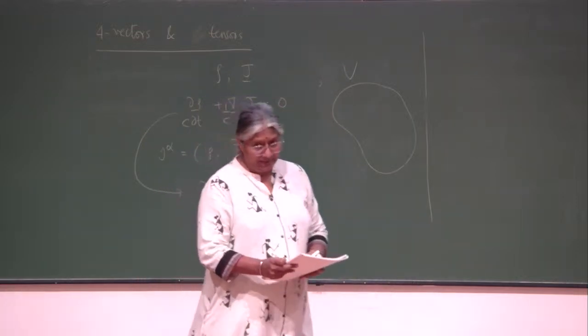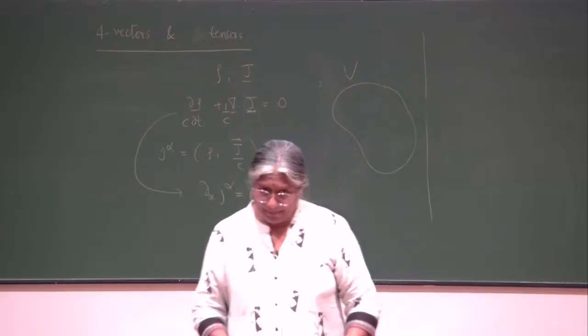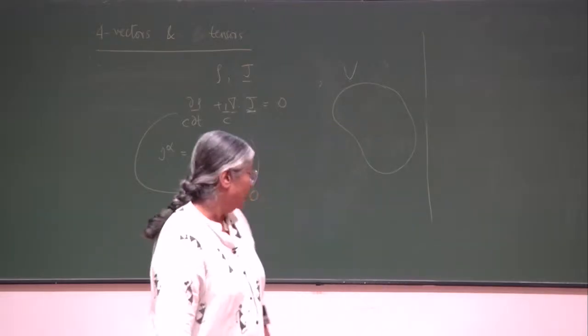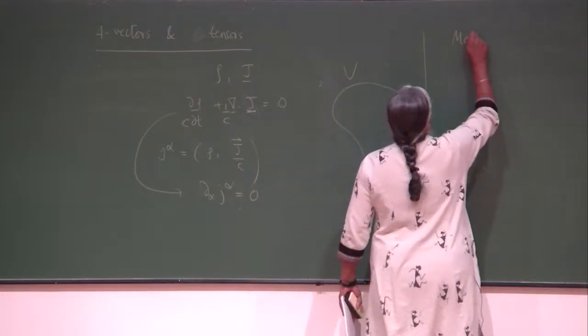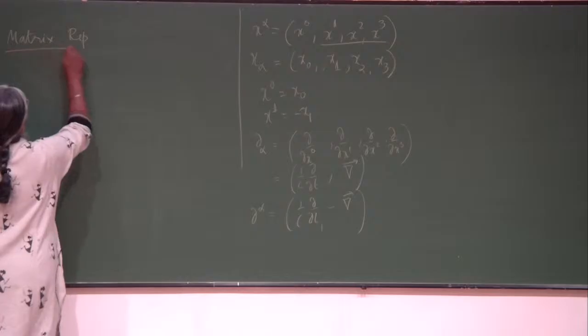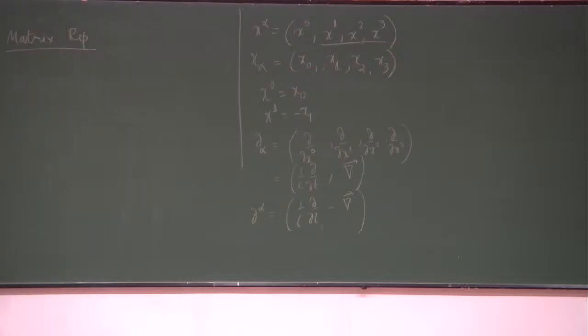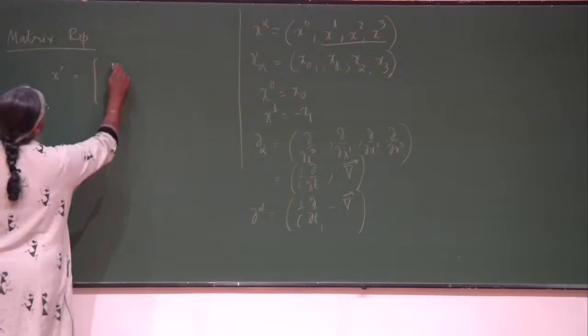We are now writing some x prime in terms of x, and x prime is a 4 vector, x is a 4 vector. So I can now think of a matrix representation where my x prime alpha is a 4 vector.